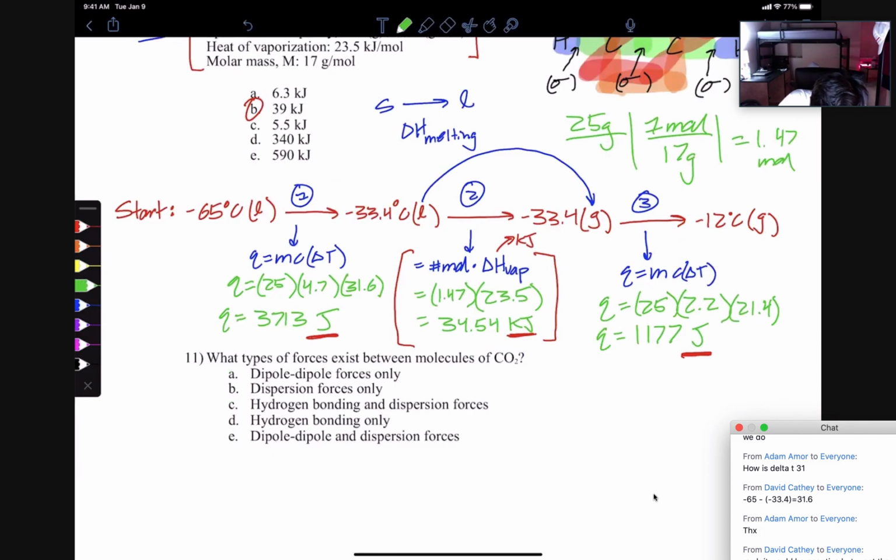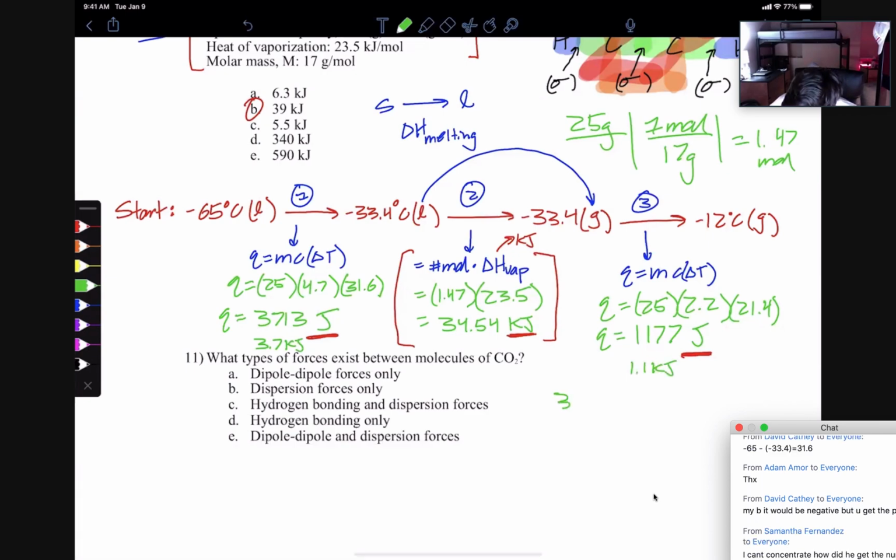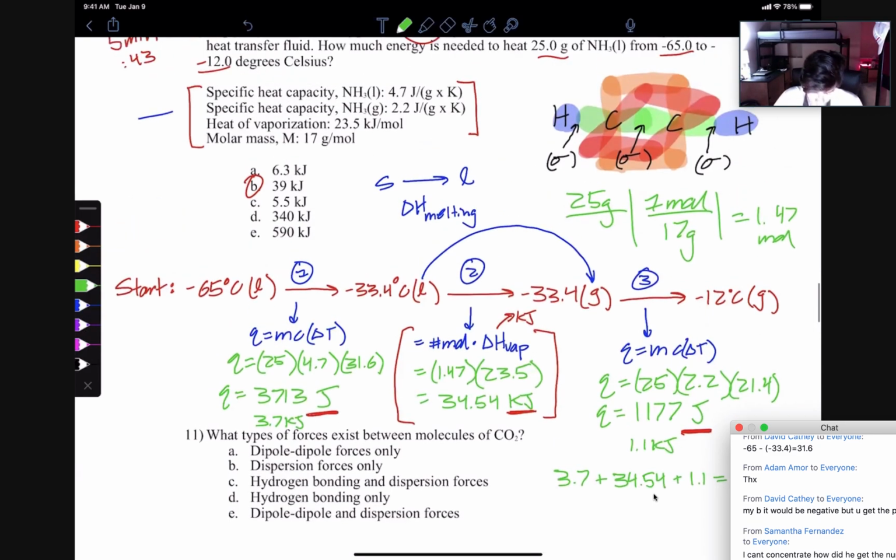This ends up being about 3.7 kilojoules. This is about 1.1 kilojoules. So you do 3.7 plus 34.54 plus 1.1, and you'll end up getting about 39 kilojoules. So that is our answer.